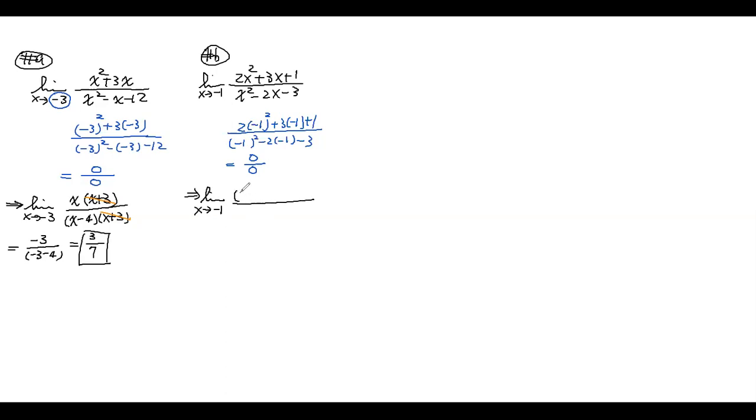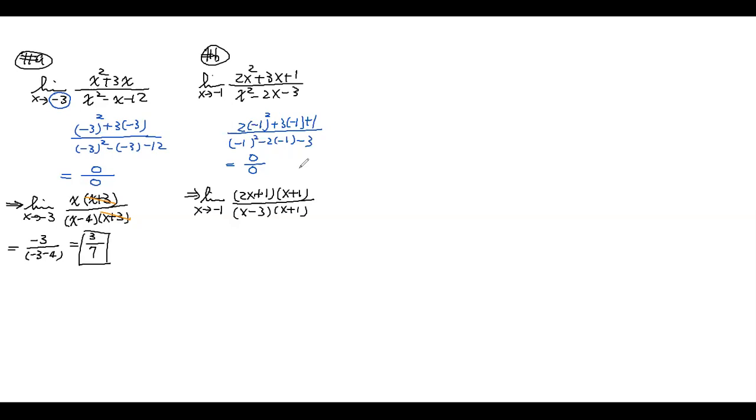So this one here, I think you can factor to 2x plus 1 and x plus 1, I'm sorry, x plus 1. Then this one will be x minus 3 and x plus 1.